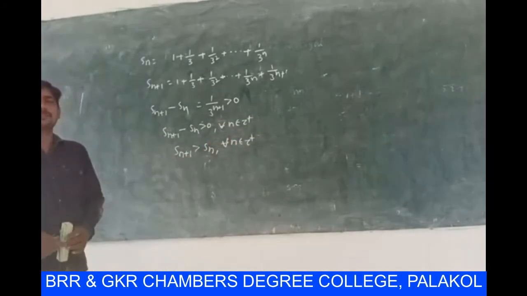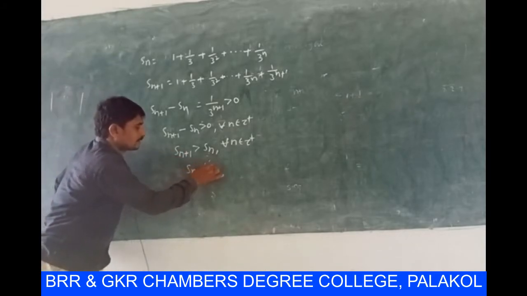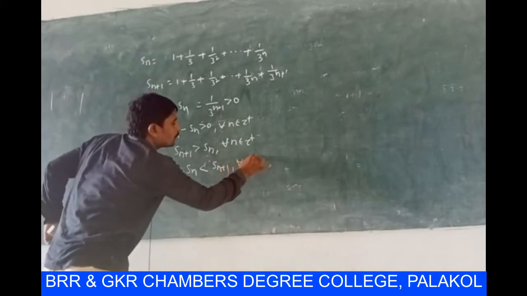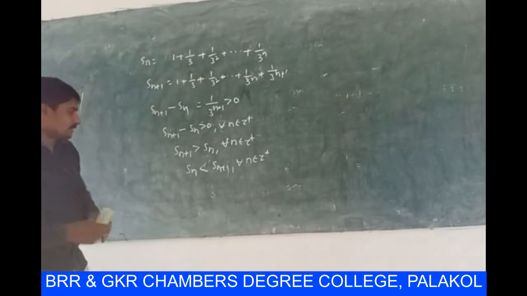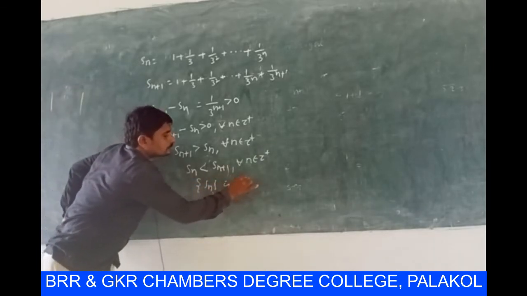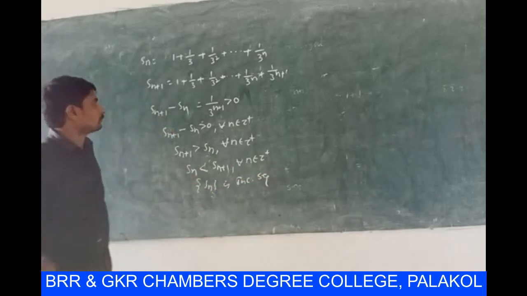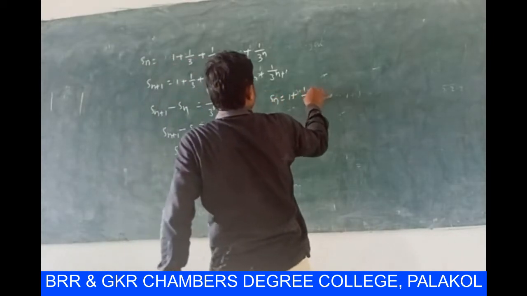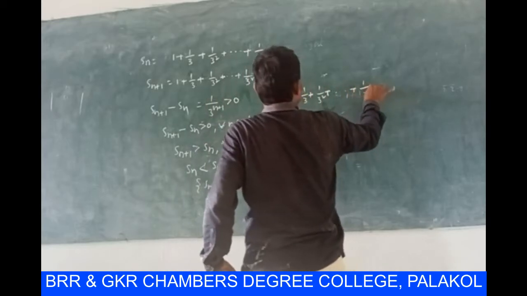By writing this, Sn is less than Sn plus 1 for all n belongs to Z plus. Means the sequence Sn is an increasing sequence. And also Sn is equal to 1 plus 1 by 3 plus 1 by 3 square plus and so on plus 1 by 3 power n.